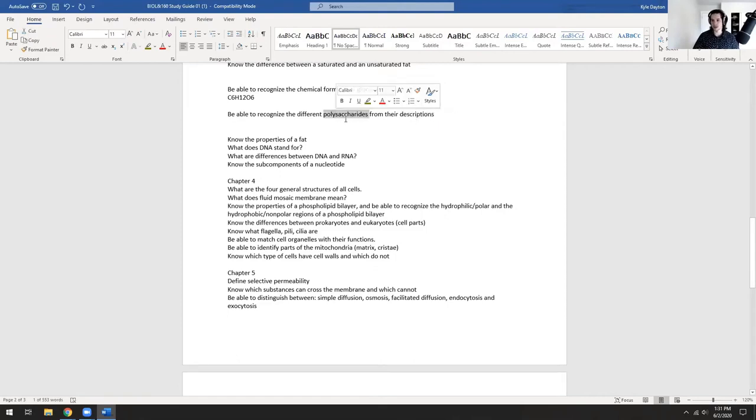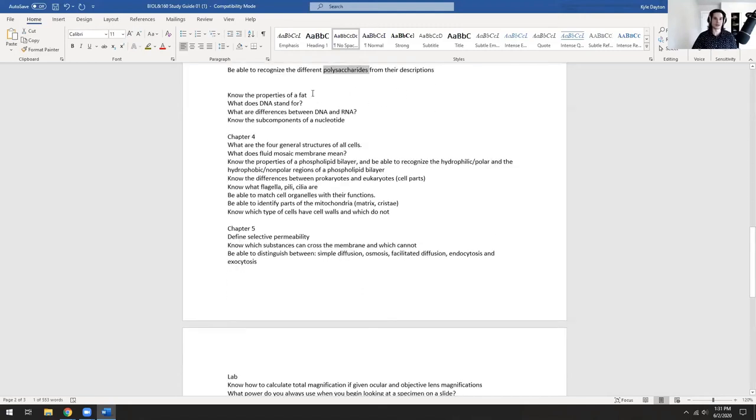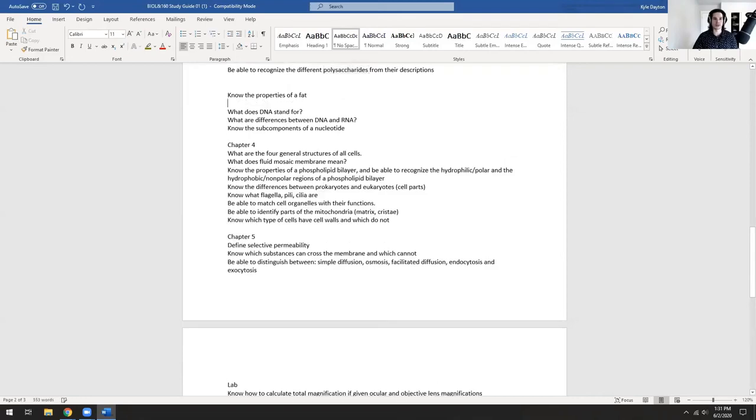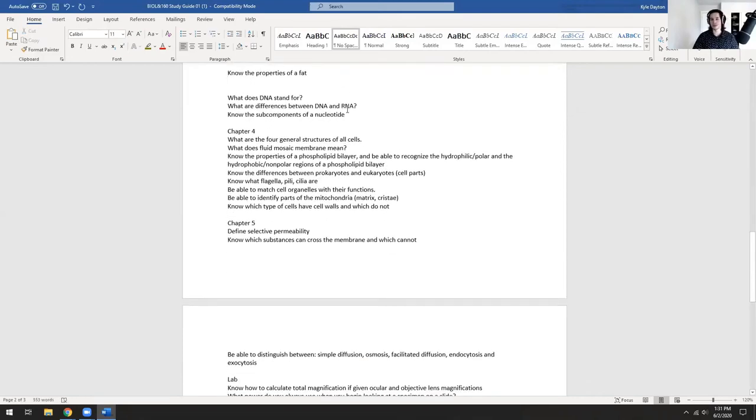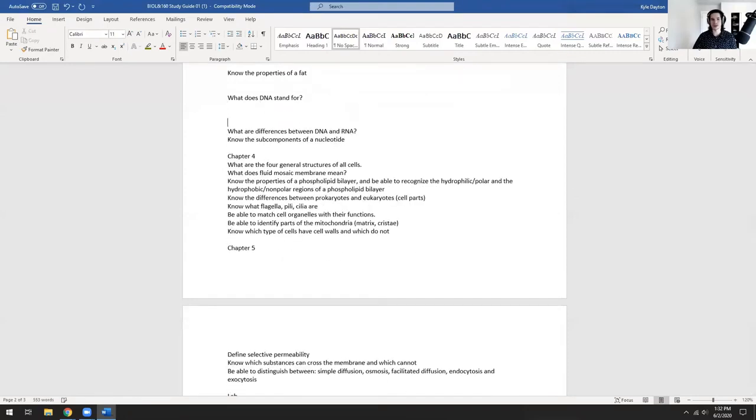That's going to be used as the plant cell walls and some bacterial cell walls. Glycogen is another polysaccharide. Starch is another polysaccharide. That one's kind of vague, but that's as far as I want you to know. Properties of fat. If it's unsaturated, it's going to be liquid at room temperature. If it's saturated fat, so most animal fats are saturated, it's going to be solid at room temperature.